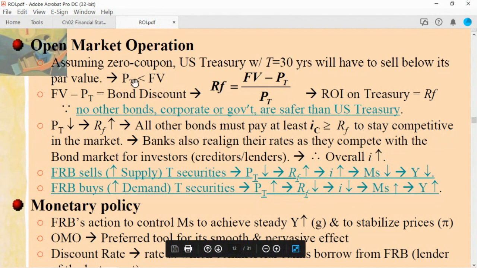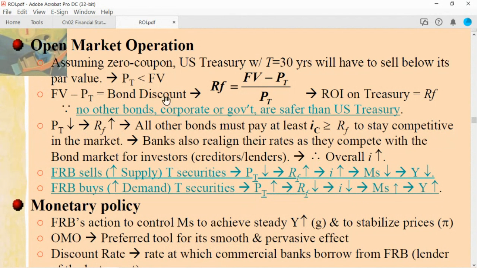Basically, the growth portion of this bond is face value minus the selling price of treasury. That P subscript T means price of treasury. That's the selling price, and the selling price is $500. And this is basically capital gains over 30 years.